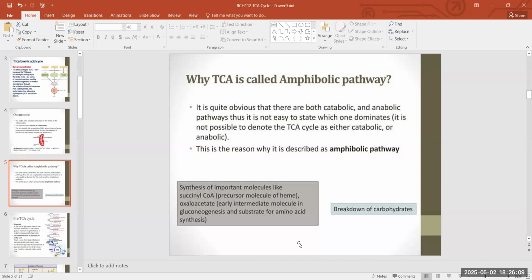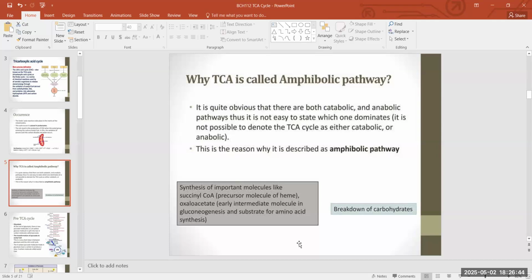Oxaloacetate and acetyl-CoA are the two starting materials that react to start the TCA cycle. But oxaloacetate has been waiting for a long time without acetyl-CoA. So when the body is ready to undergo the TCA cycle, acetyl-CoA is formed. As soon as it's formed, the second starting material, oxaloacetate, will quickly react with acetyl-CoA, and citrate is formed as the first product of the TCA cycle.